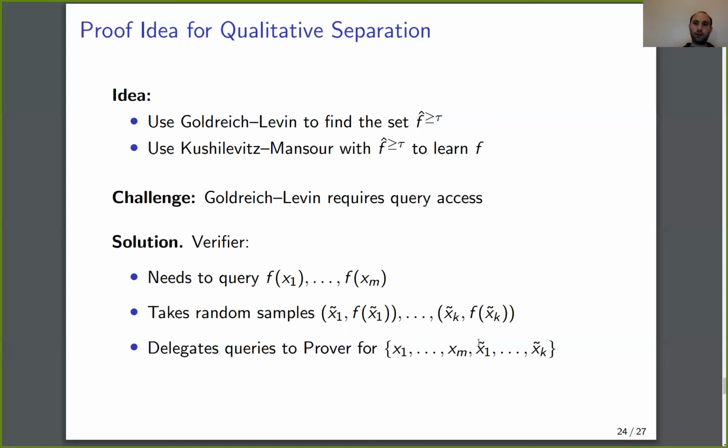In order to show that this actually works, you need to dig deeper into the details of how the Goldreich-Levin algorithm works, and you need to show that you can in fact hide a set of x tildes within the set of actual queries in a way that the prover won't be able to distinguish which are the actual queries that the verifier wants to know and which ones are the decoys that are just planted there in order to catch it.